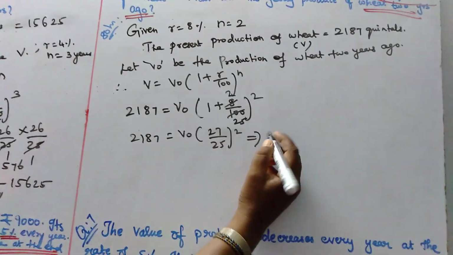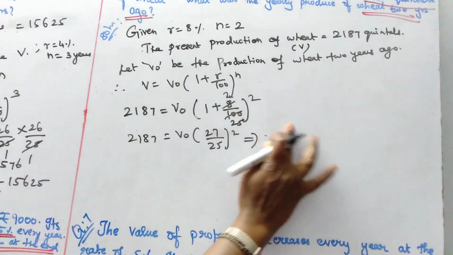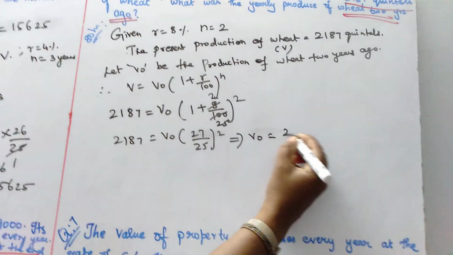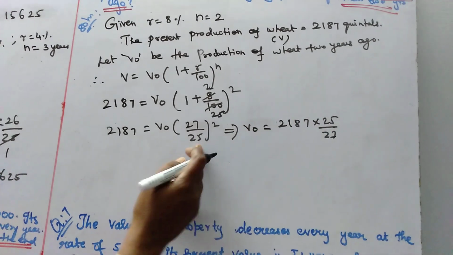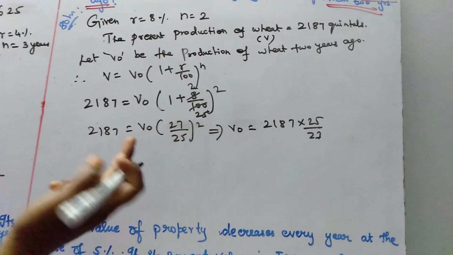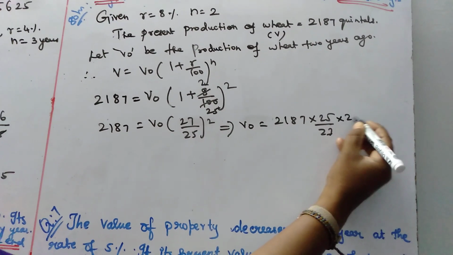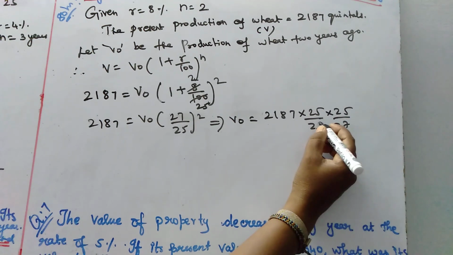So 2187 equals V naught into this; taking it to this side, we get V naught is equal to 2187 into 25 by 27 the whole square. It gets reciprocal when you bring it to this side. Both sides if interchanged, there is no change in the sign.